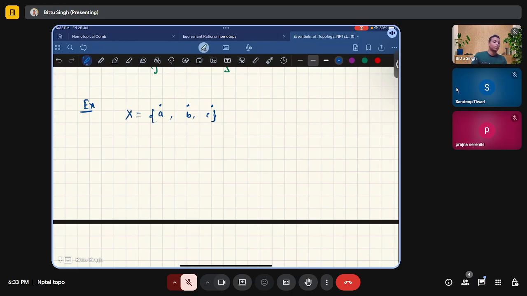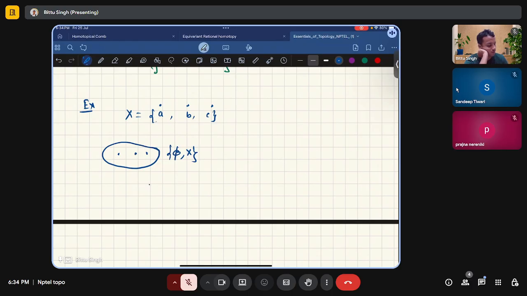What are all possible topologies on this set X? We can denote those things by points. One possibility is to take only the empty set and the whole thing. So this is one topology.